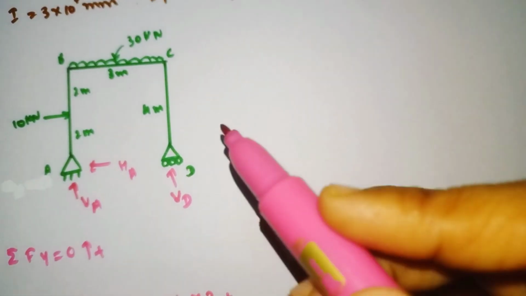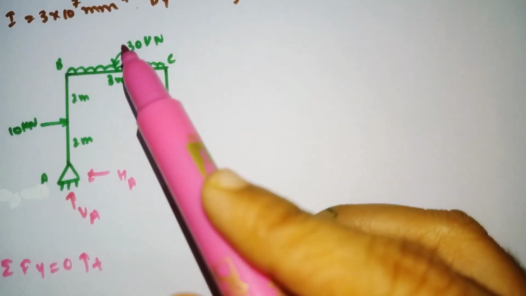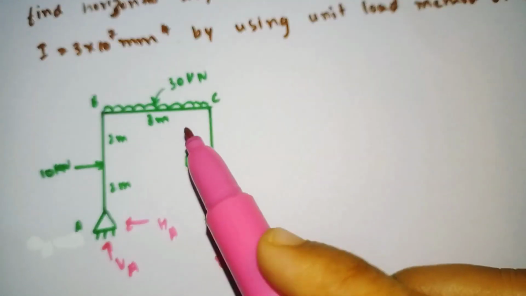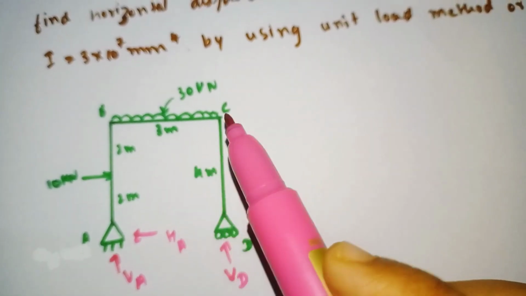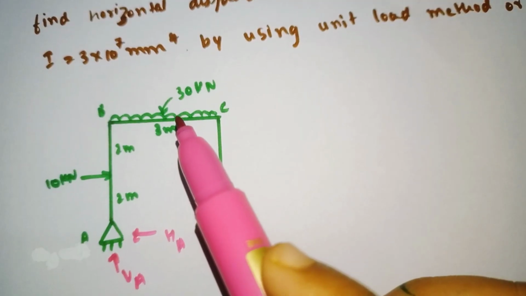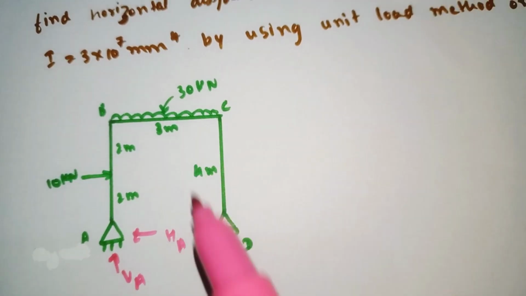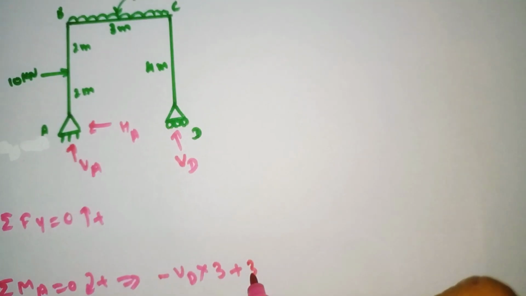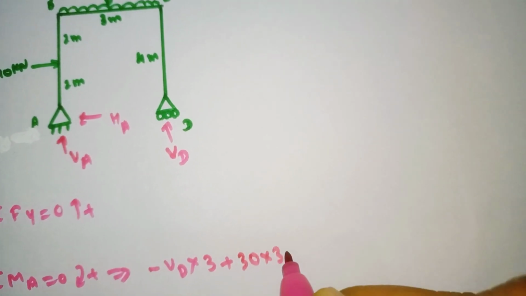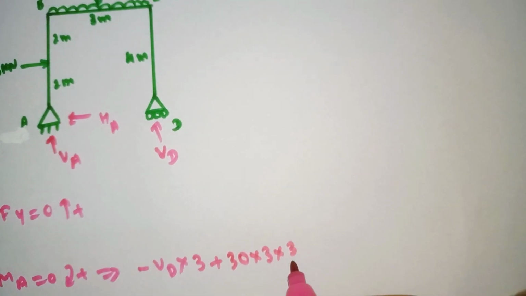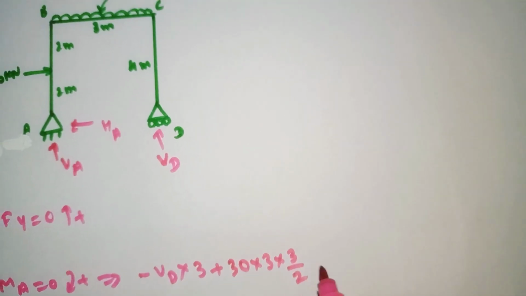Plus, the UDL is acting and it rotates clockwise. So plus 30 into 3, the length, and the UDL always acts at a distance of L by 2, which is 3 divided by 2.